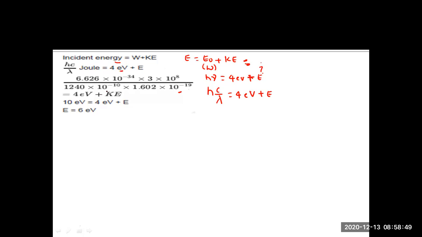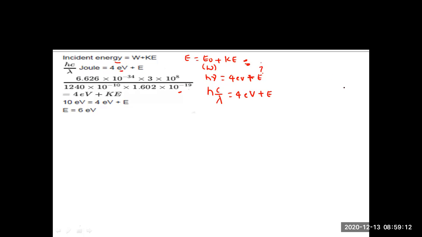You simplify this now. First the powers: 10 raised to minus 10 and 10 raised to minus 19 in the denominator would be 10 raised to minus 29. If 10 raised to minus 29 goes to the numerator, it will be plus 29. I'll just write the ratio.